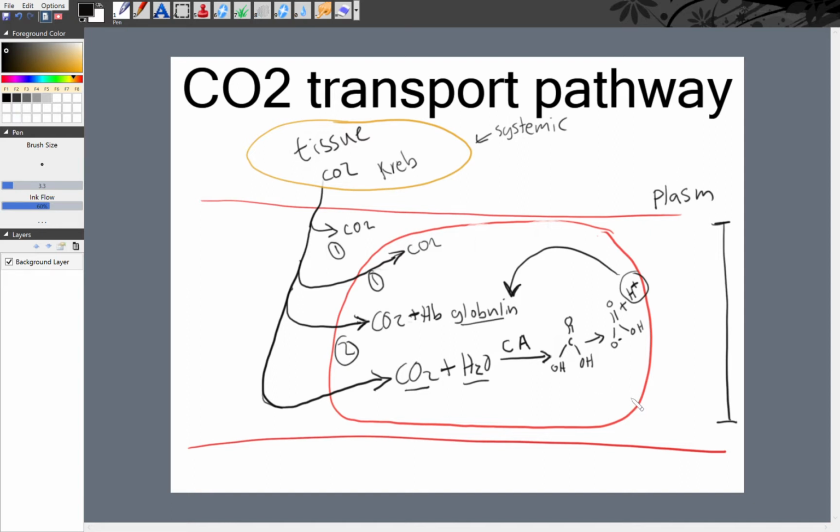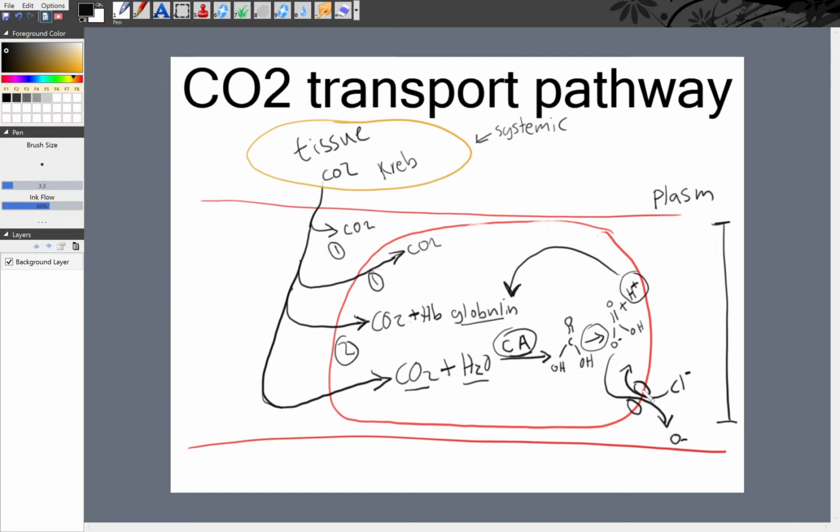Another thing that's going on is you have an exchanger on the cell that's going to exchange chloride ions for bicarbonate. Basically carbonic anhydrase made carbonic acid, but this conversion here resulted in a bicarbonate molecule that could be transported out of the cell.